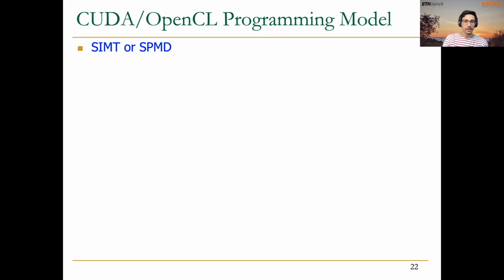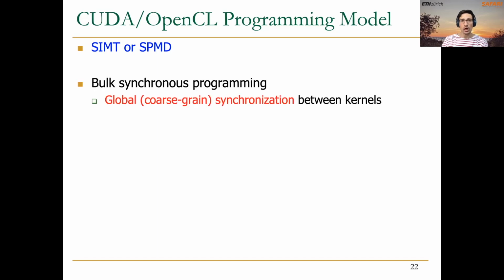Besides this characteristic of using multiple threads executing the same program on different data, another key characteristic of this programming model is that it is bulk synchronous programming. What that means is that at the end of one kernel, there is a global or coarse-grained synchronization.